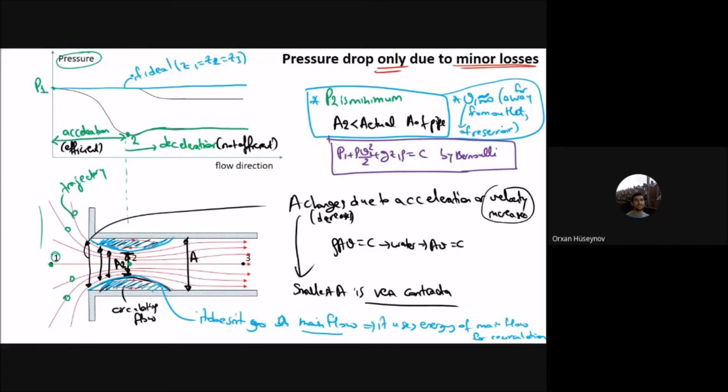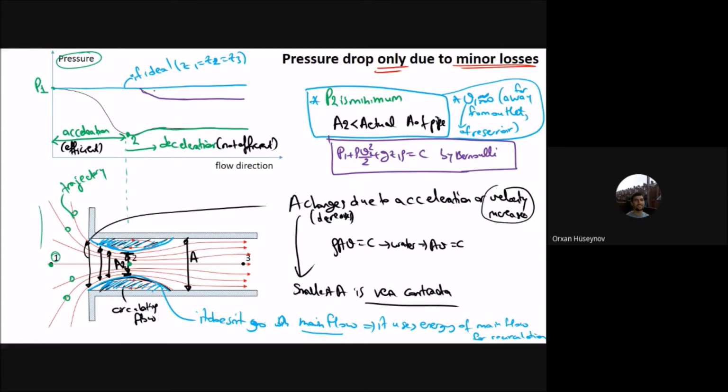Pressure should remain constant because V1 is 0, and Z1, Z2 and Z3 are the same. Therefore, I can take Z1 as reference, which can be 0. If I take Z1 as reference, P1 should remain constant. But this is for the ideal case; in reality you have this one.